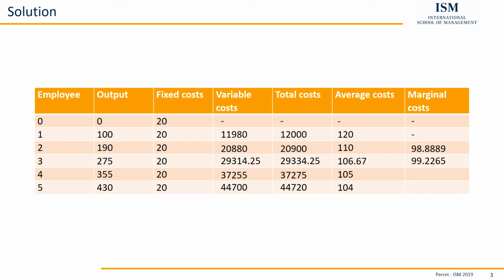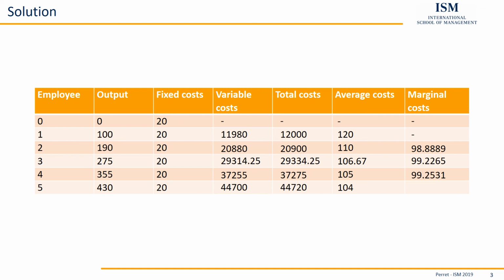Then the next step, we go 37,275 minus 29,334.25, and all of this divided by 355 minus 275, resulting here in 99.2531. Then finally we have 44,720 minus the cost from the period from the part before, so 37,275.